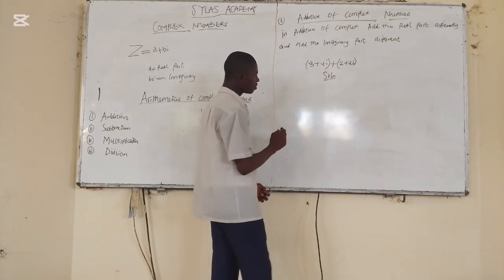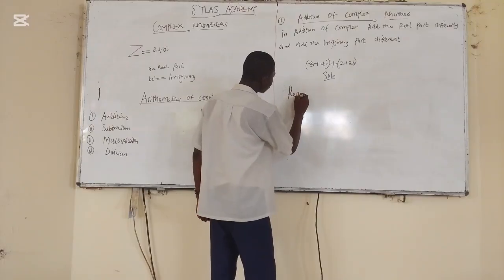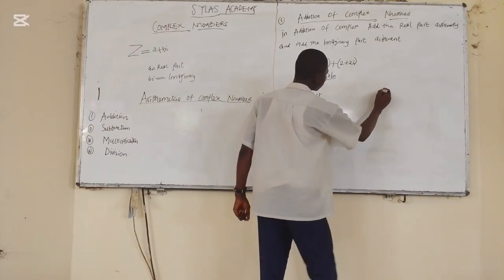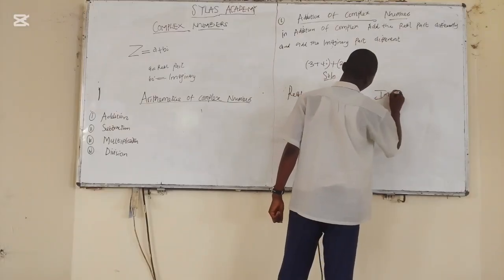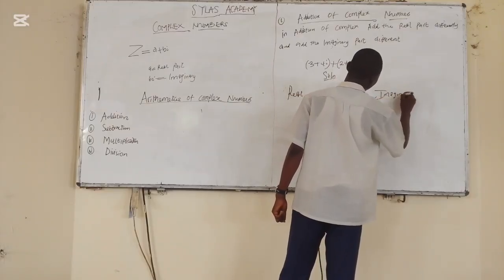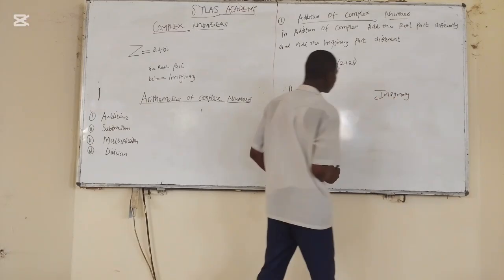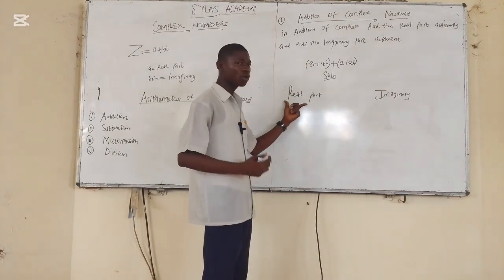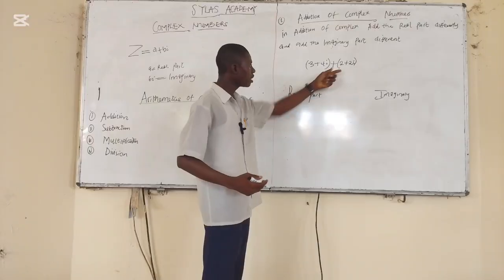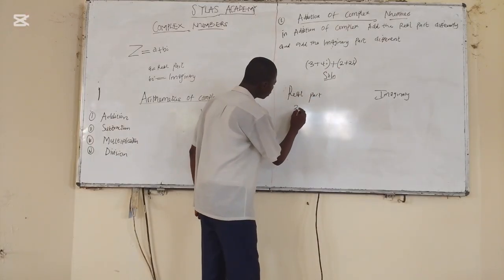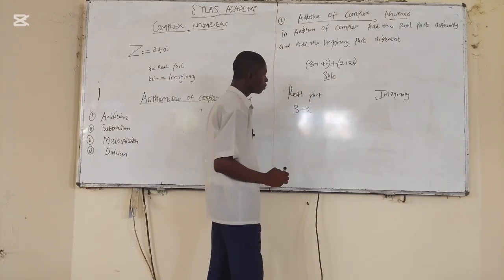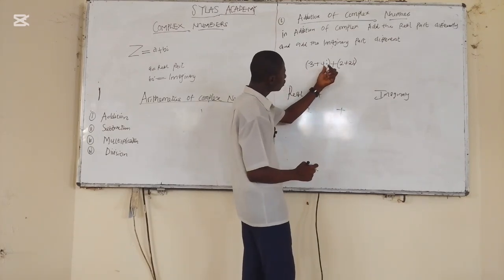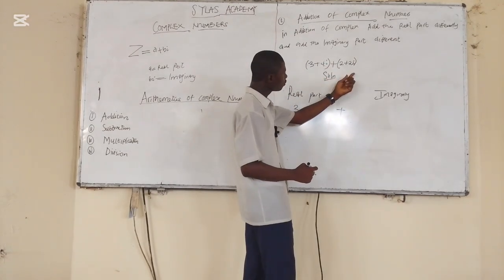Okay, now let me make it simpler. This will be your real part and your imaginary part. Let's add the real part and imaginary part differently. I want to know that the real part is 3 and 2. So I'm going to say 3 plus 2, plus your 4i, which is the imaginary part, and 2i.